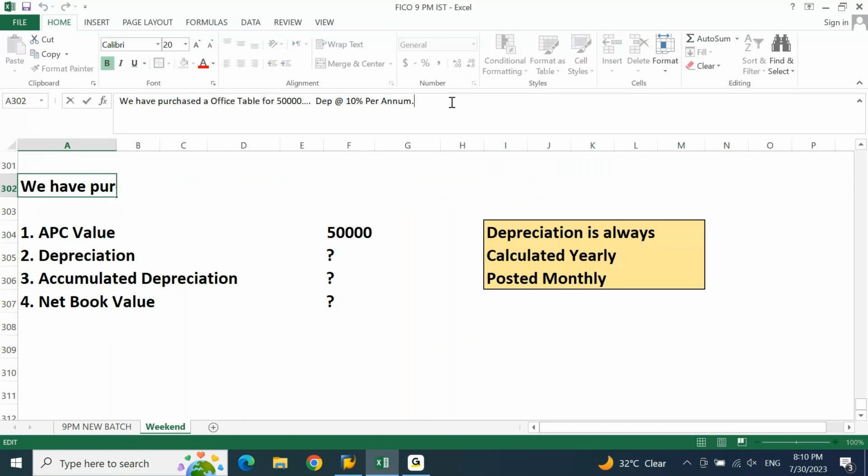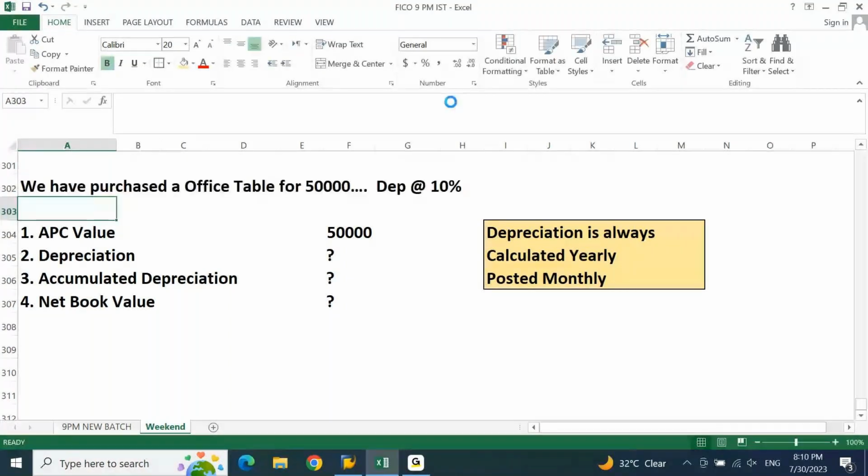Whether I mention this per annum or I don't, you need to keep in your mind whatever the rate or method, depreciation for 5 years, 10%, 20%, whatever I'm mentioning, depreciation is always calculated yearly. If I'm mentioning 10%, is this 10% per month or per annum, per year? Per year. This depreciation 10% is always per year.